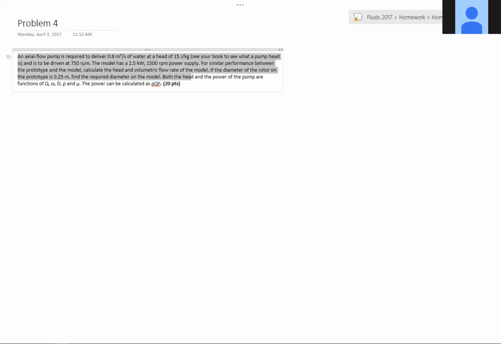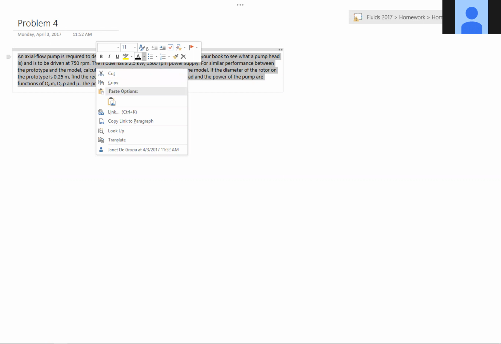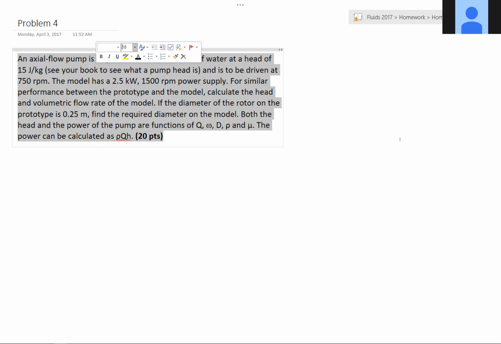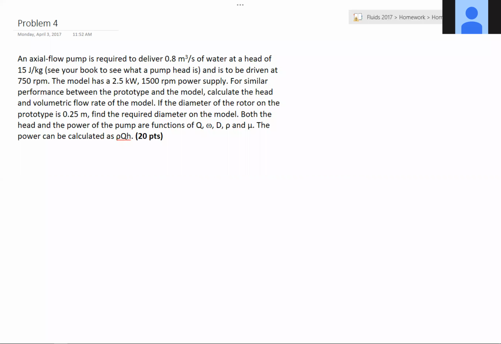So we have this axial flow pump. And by the way, that 0.8 meters cubed, there we go, cubed. I put it on the homework, but if not, it's 33.8.